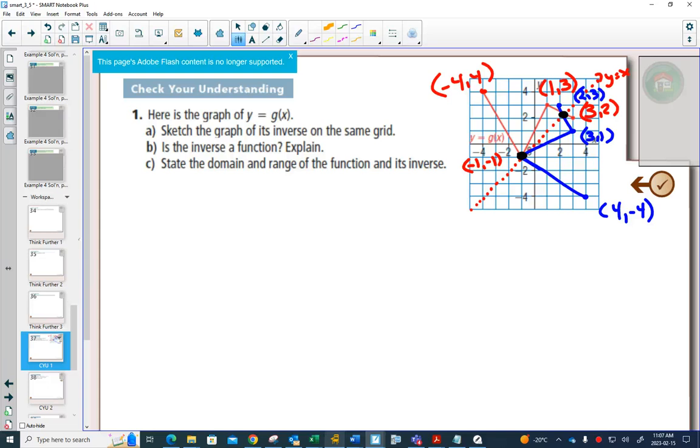As far as mentally reflecting over a diagonal line, you are perfectly allowed to do this on a test. It's not cheating. Well, it's not officially cheating. But you take your paper and you turn it. If you turn your paper so this becomes a horizontal line, then look at it. It's much easier to see that reflection.